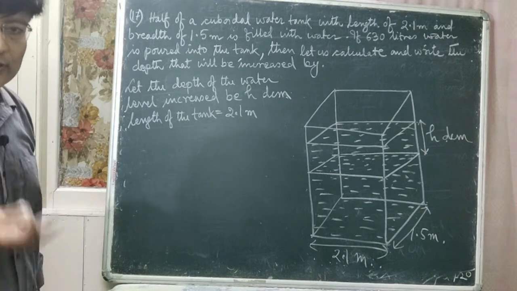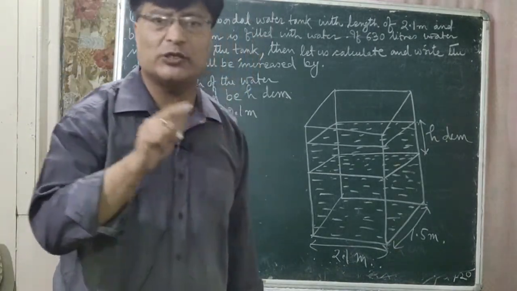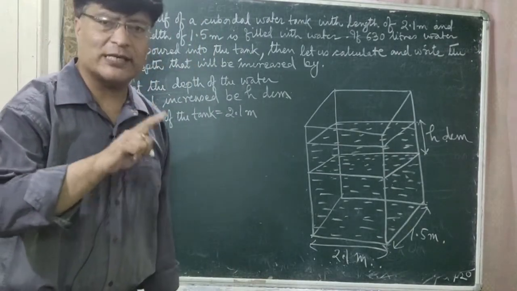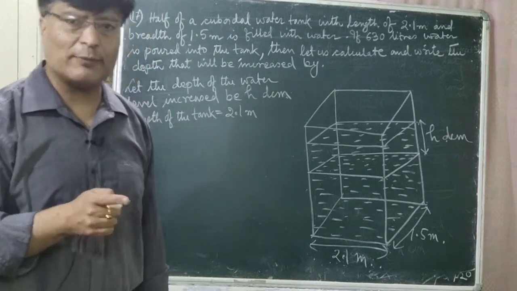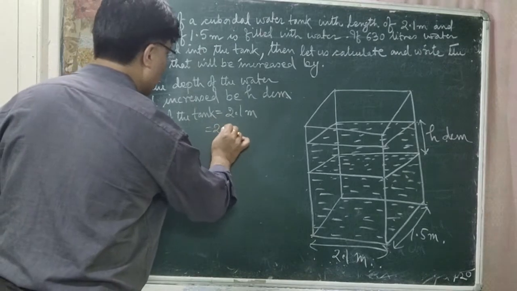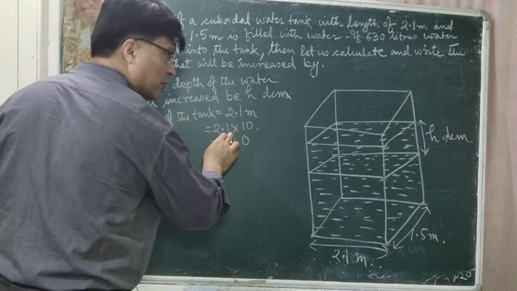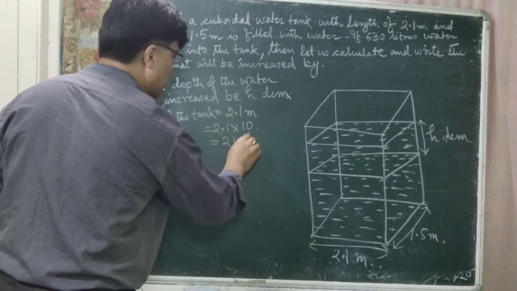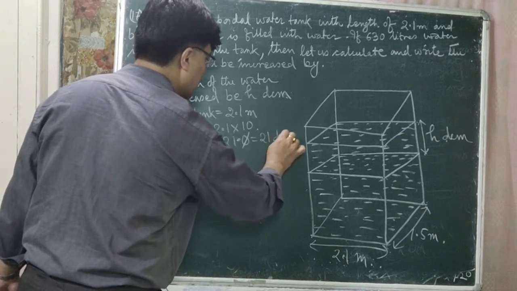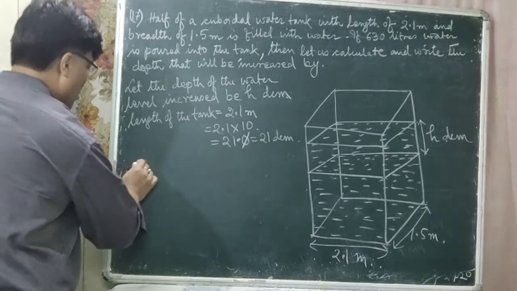Let us convert it into decimeter. मिटर र डेसिमिटरमा डेसिमिटर अलिकति सानो युनिट हो मिटर भन्दा. त ठूलो युनिटदेखि सानो युनिटमा चेन्ज गर्दा हामी मल्टिप्लाई गर्छौं. कतिले मल्टिप्लाई गर्छौं? मिटरदेखि डेसिमिटर चेन्ज गर्दा 10 ले मल्टिप्लाई. So is equal to 2.1 into 10. You know how to multiply it, 210. After decimal point there is one figure so write decimal before one figure, that is 0, that is 21 decimeter. Is that clear?